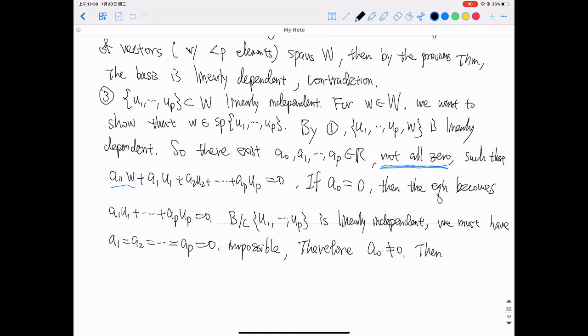Well, how does that help us? A good thing about A0 not being 0 is that you can now divide by A0, and you can then solve from this equation for w.